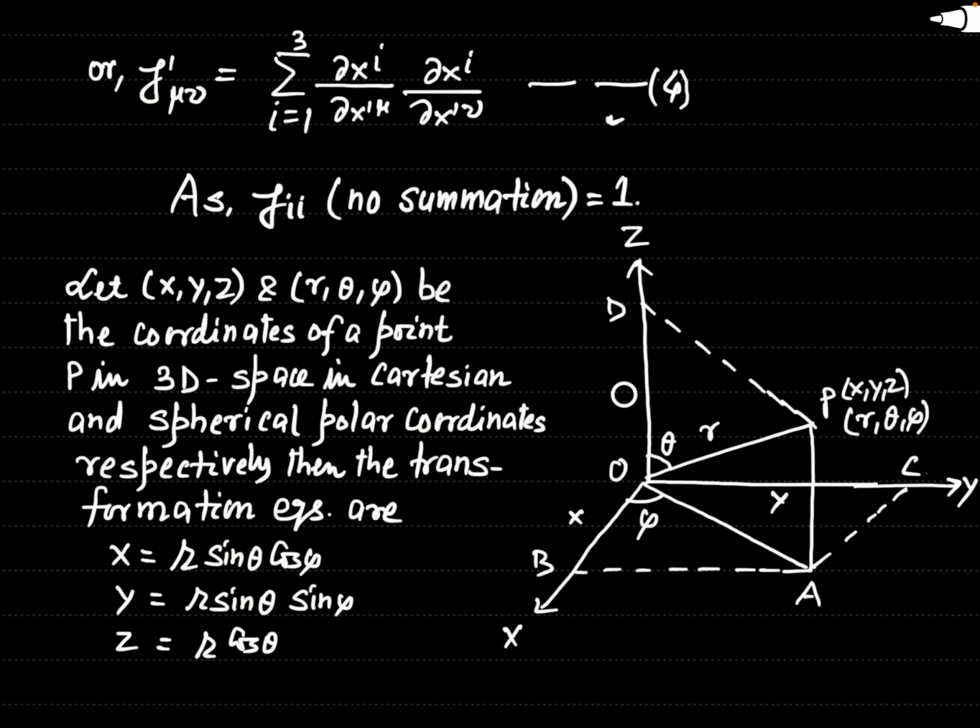So this is our working equation, and from this we can transform the line element from the Cartesian coordinate system to the spherical polar coordinate system. Now see this figure.